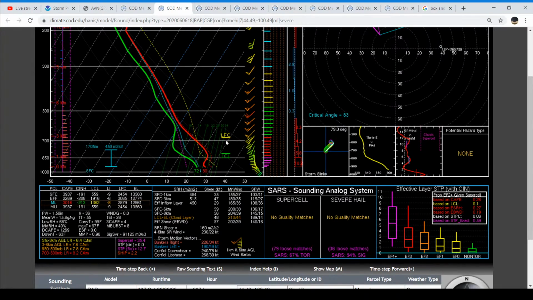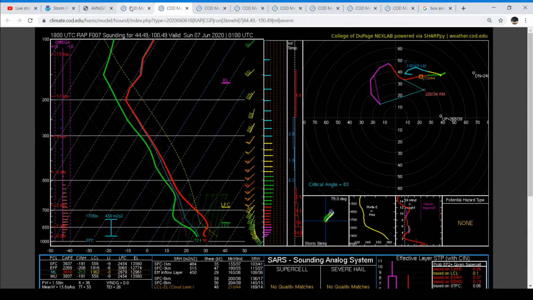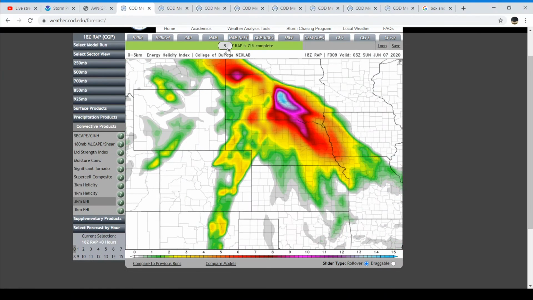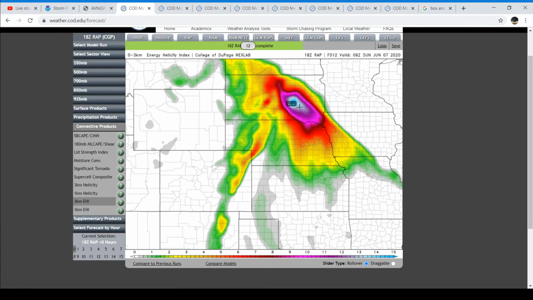You really want the LCL and LFC heights to be closer together. As we can see, they're far apart on this sounding. So it definitely seems to be a very interesting event that could happen in South Dakota today.